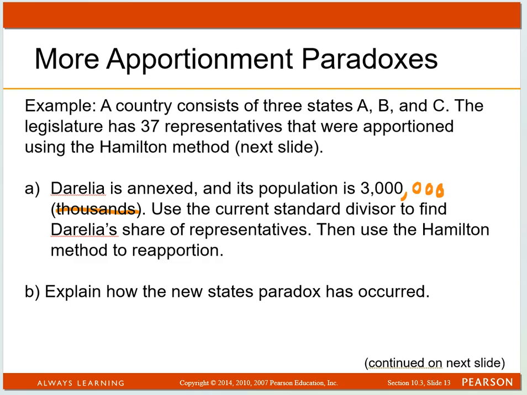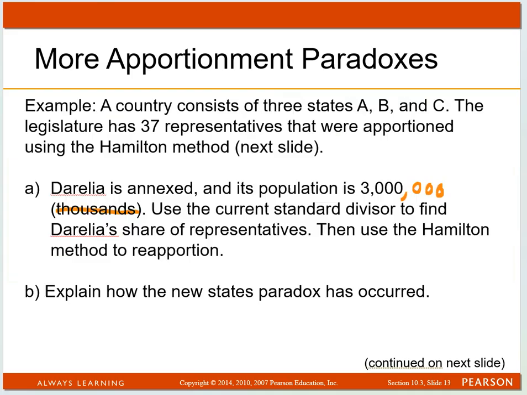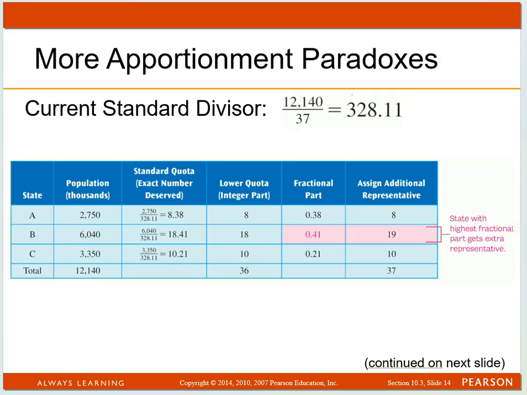All right, here's the next table here. Did they tell me what the other states were? No, they didn't. Okay, whatever. So they're telling me here that here's state A, B, and C. So this is what happened before state D came into the picture.